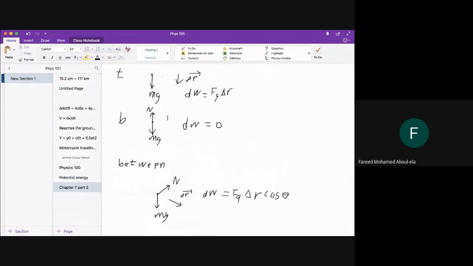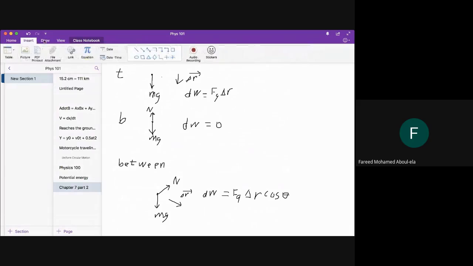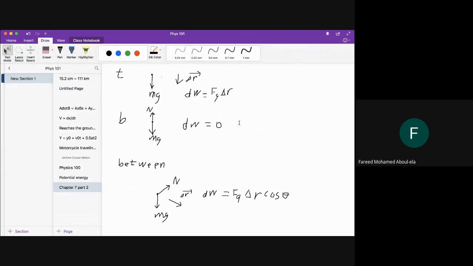Our free body diagram at the bottom looks like this. So we can write Newton's second law here. The sum of the forces on your brother is equal to his mass times his acceleration. And we'll start out with the forces in the y direction.